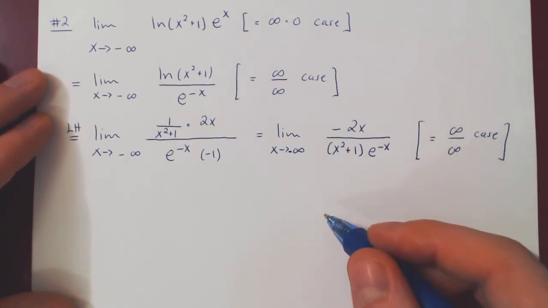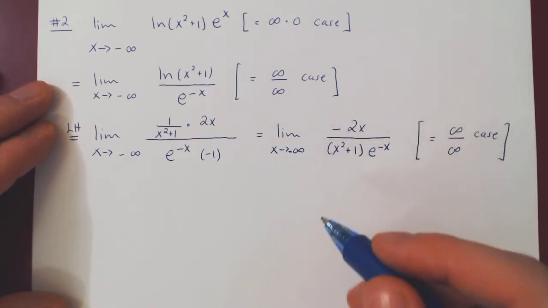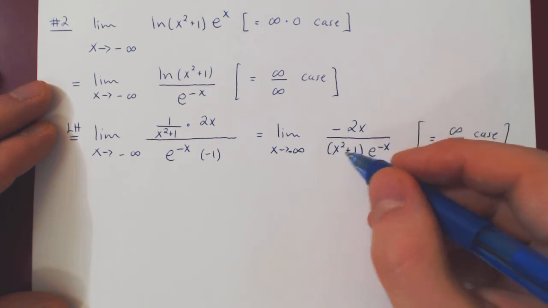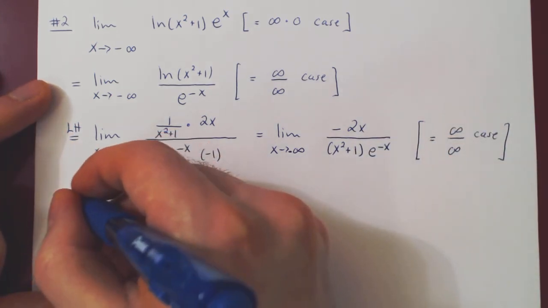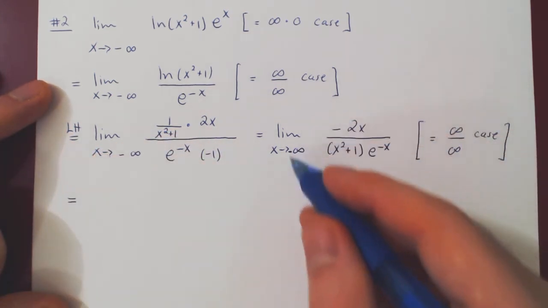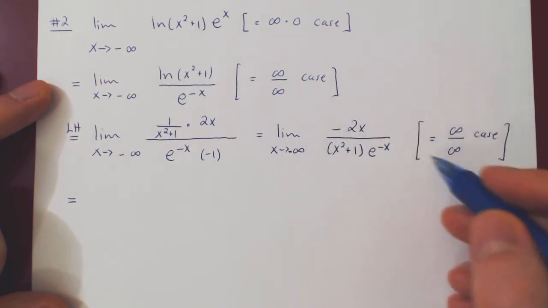What I want to show you now, in this case we can do a little simpler. If we simply divide top and bottom by x, and I will leave the second half of the solution using L'Hopital's rule up to you.